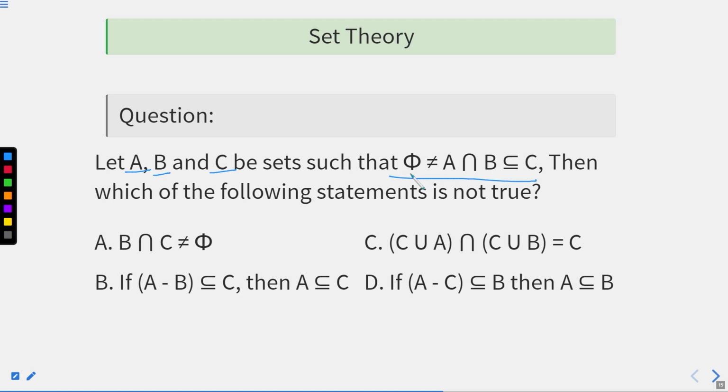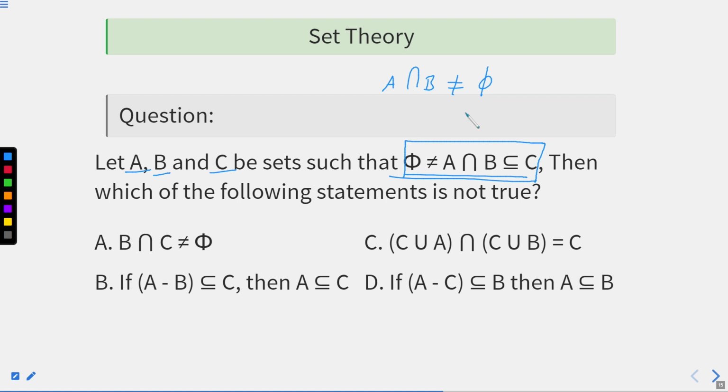This information is also given to us. In this single expression, two pieces of information are given. The first one is A intersection B is not equal to phi.